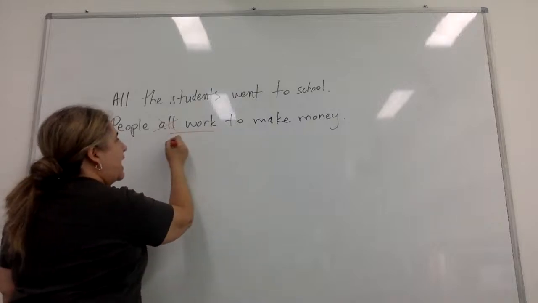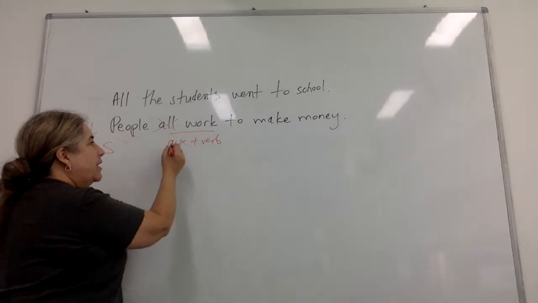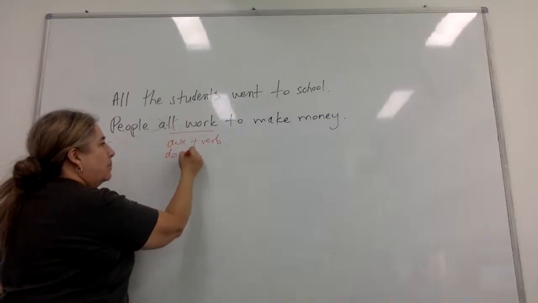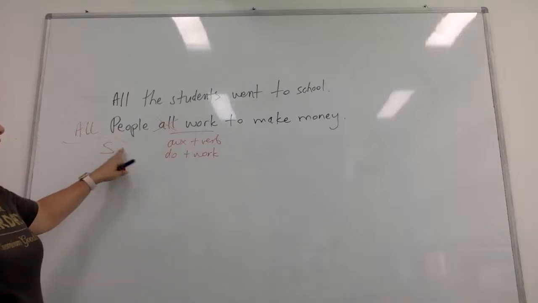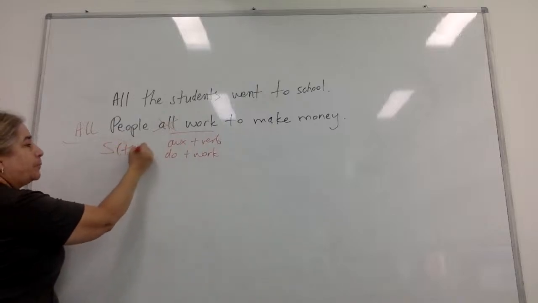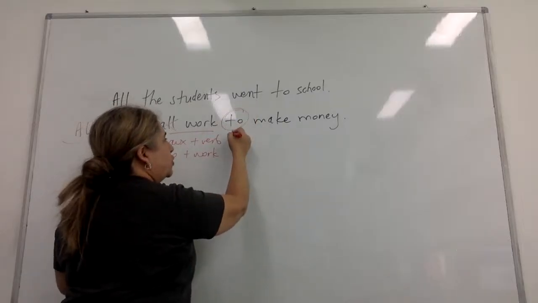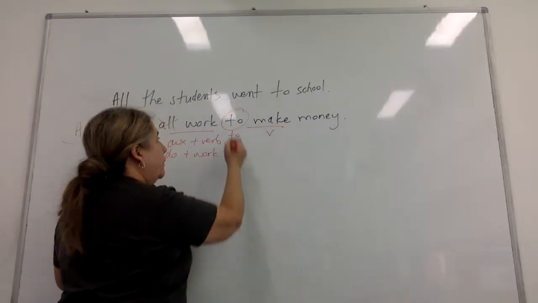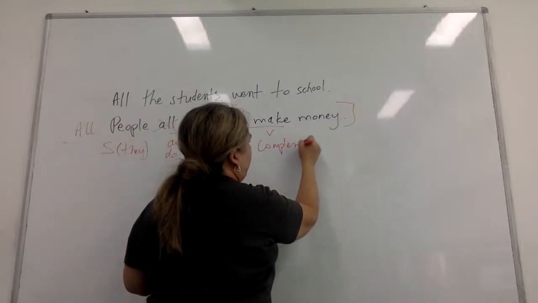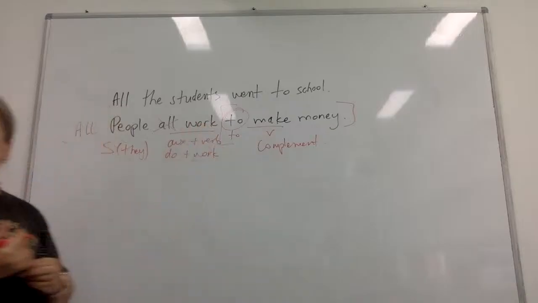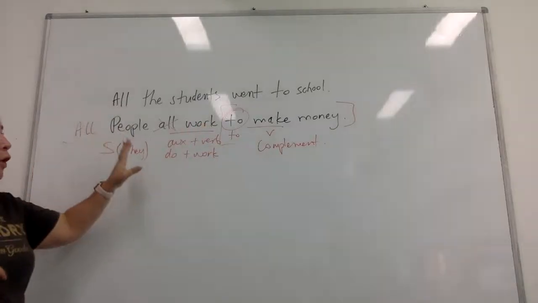Here I have my auxiliary plus the verb. The auxiliary here I'm using is do plus work. That's why it's work, not works, because here the subject is they. And then here, remember, we're using the connector to because this is also a verb. But here is my complement, okay? So if you respect that order, then we understand fully. Good. So all people work to make money.